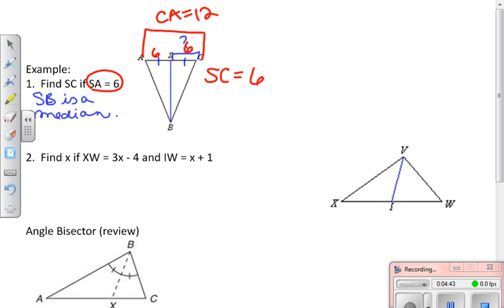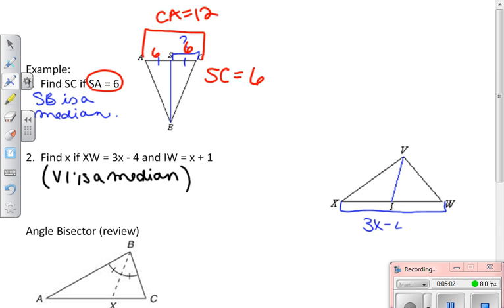Now, nothing changes if I add variables in. So here, VI is a median. It's part of the given. So XW is 3x minus 4, and I to W, this piece right here, is x plus 1.